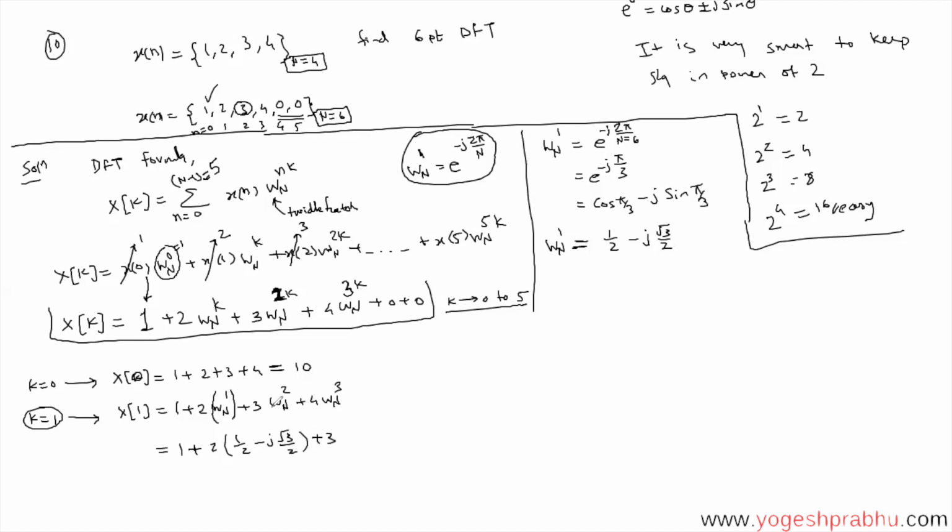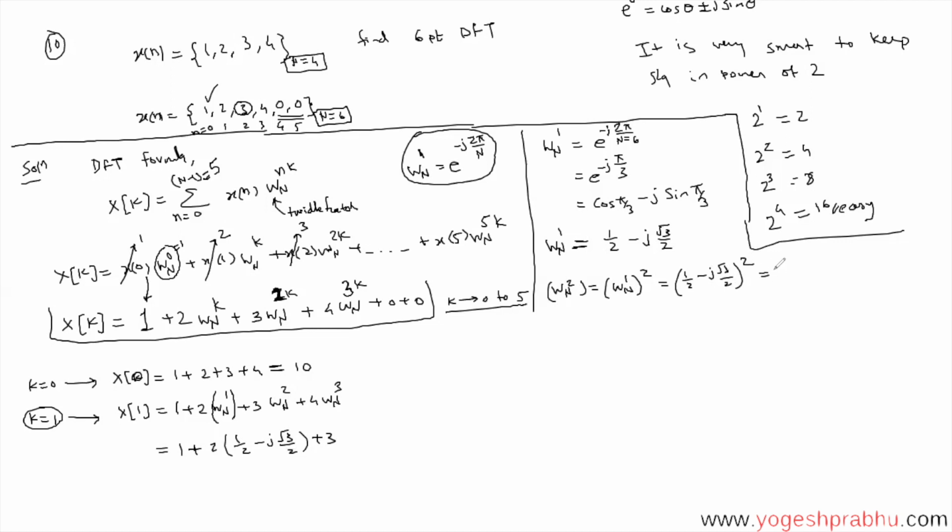3. Now Wn to the 2. What will be Wn to the 2? That is Wn to the 1 squared, which is half minus j square root 3 by 2, the whole square.